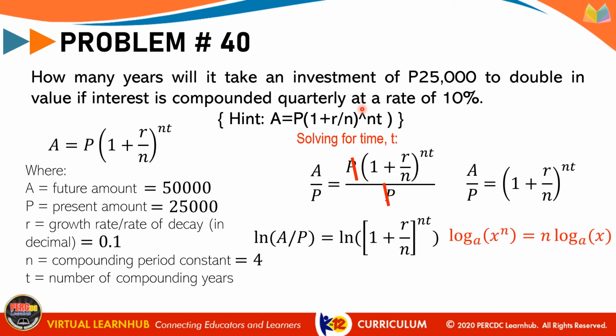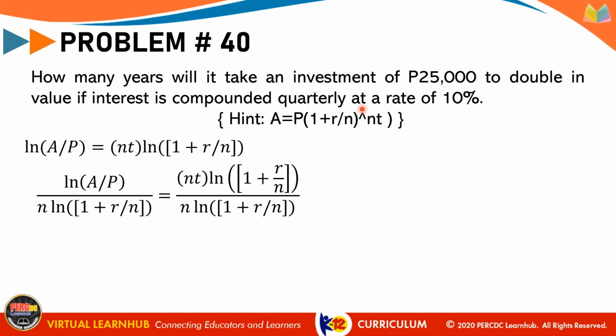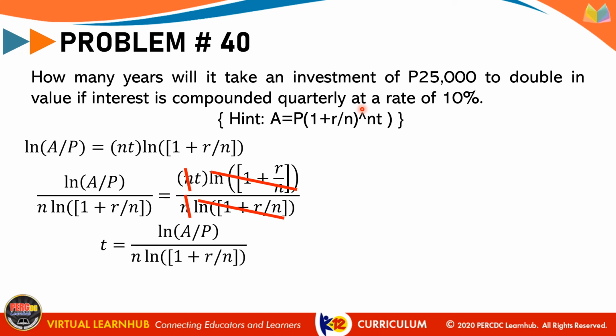But using this property of logarithm, if we have log of x raised to n with base A, that is equal to n times log of x with base A. So, we will have ln of A over P equals NT times ln of 1 plus R over N. So, since we are solving for T, we divide both sides by N ln of 1 plus R over N. And that will give us T equals ln of A over P all over N times ln of 1 plus R over N. So let's substitute our values.